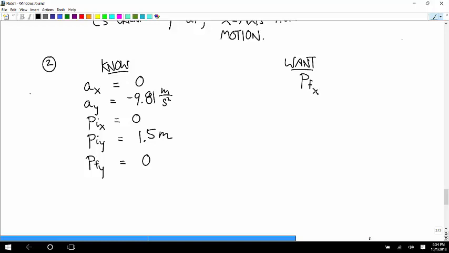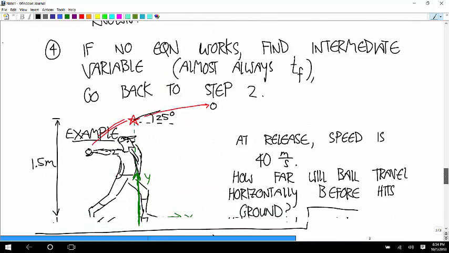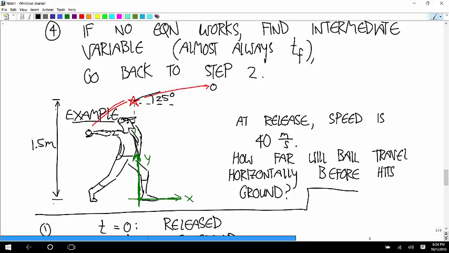Yep. That was given in the problem. It's 1.5 meters from the ground to where the ball's released. It's not given in the written part of the problem. Yeah, maybe that's confusing.